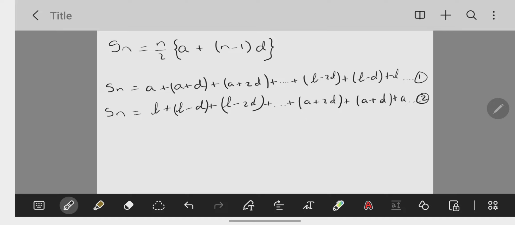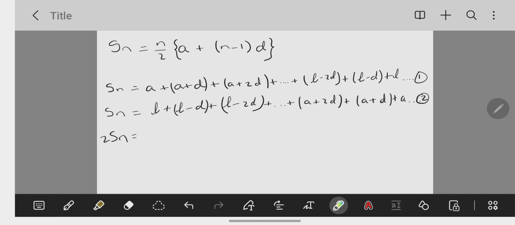So, on the left-hand side, we add Sn with Sn, we get 2Sn. And then on the right-hand side, when we add these terms, notice how we have a plus L. A plus L. But the d is going to be a positive d here and a negative d here.